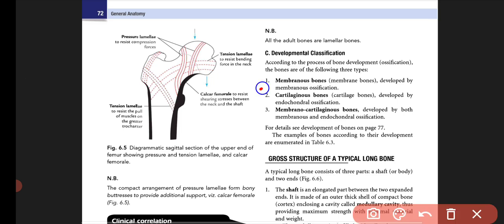One is membranous bones, developed by membranous ossification. Number two is the cartilaginous bone, developed by endochondral ossification. And number three is the membranocartilaginous bone, developed by both membranous and endochondral ossification. I will read the details of ossification later on. Okay, one chapter in your topic is the classification.